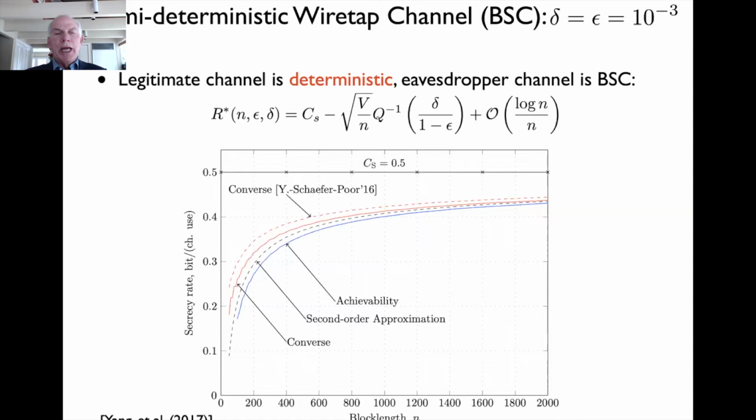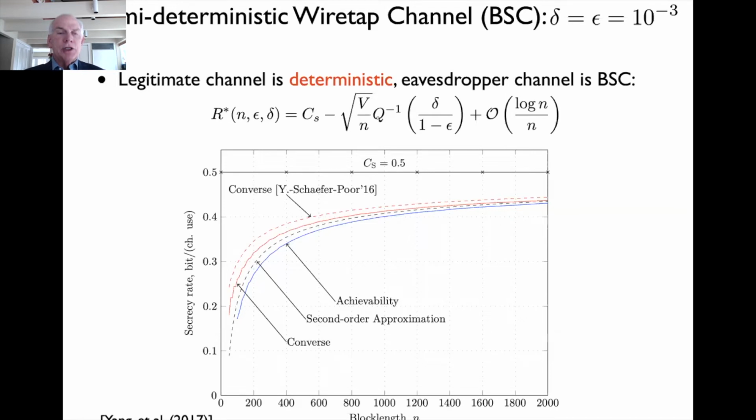It's the secrecy capacity, which we've already looked at, corrected by a 1 over root n term and another quantity V, which is a variance, similar to the dispersion relative to the Shannon capacity. And for this particular example, again, we've chosen an example where the secrecy capacity is a half.